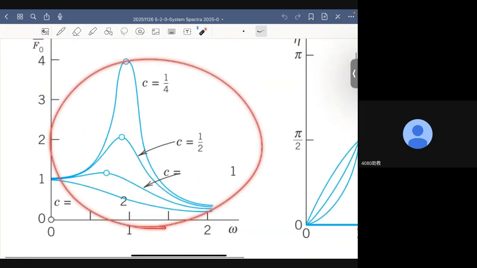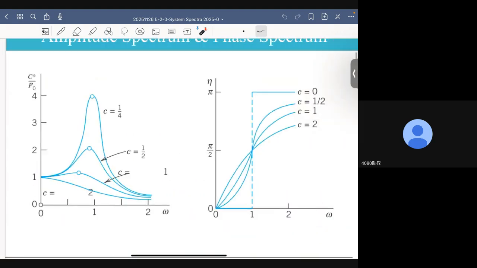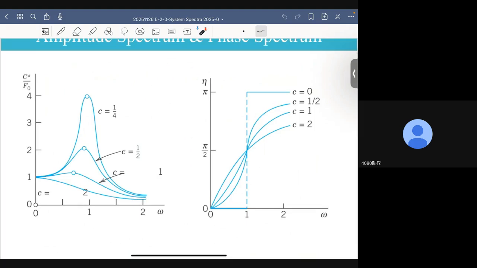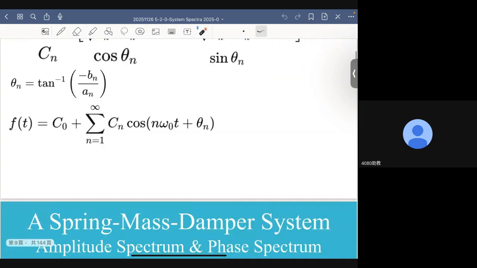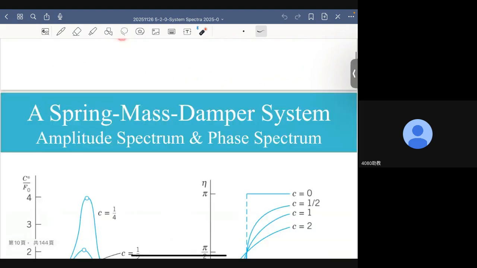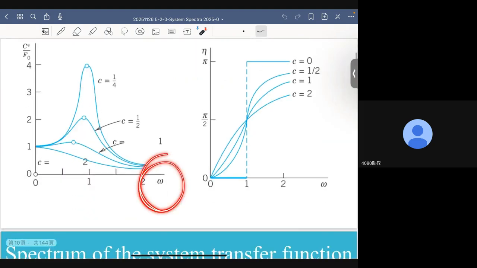What do you see here? The first thing we can learn from this family of curves is that the amplitude spectrum, that is the value of C, is actually a function of omega, all right?